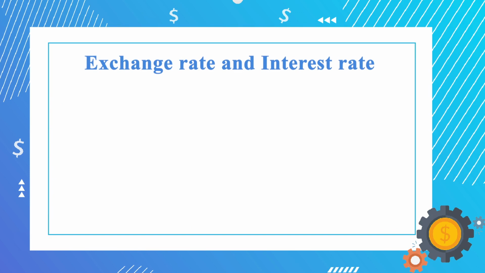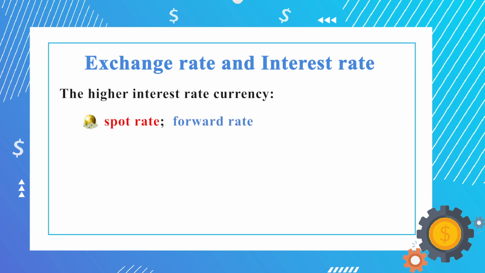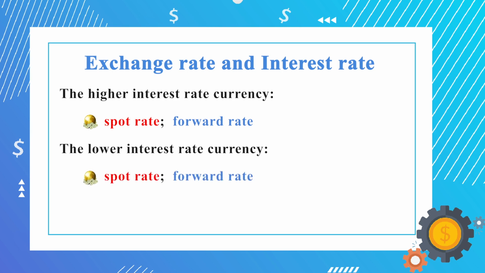In the covered interest rate arbitrage, the linkage between exchange rate and interest rate is as follows. The higher interest rate currency appreciates in the spot market and depreciates in the forward market. The lower interest rate currency depreciates in the spot market and appreciates in the forward market. Why? The reason is quite obvious.